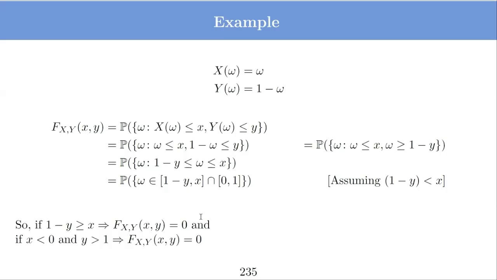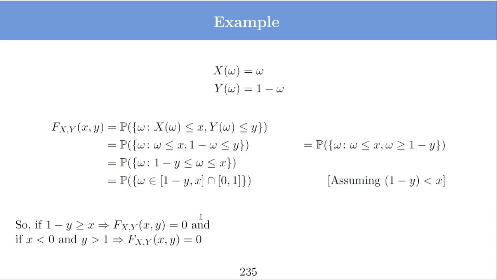So this is the probability of all omega which are in the intersection of (0, 1) and (1 minus y, x], assuming 1 minus y is less than x. And if 1 minus y is greater than x, then F_XY would be 0 because in that case x plus y is less than 1. Also, if x is less than 0 or y is less than 0, then of course there is no omega which can map to this.